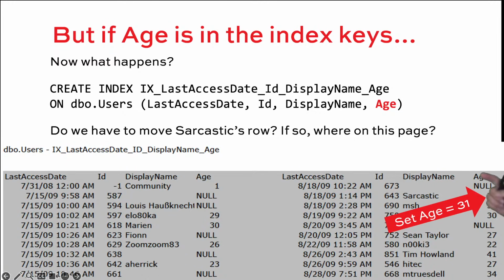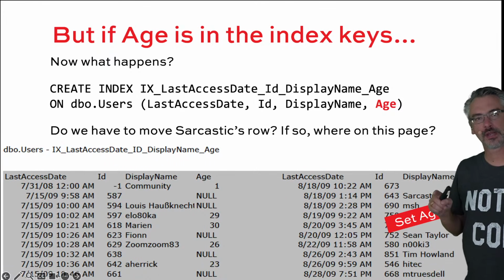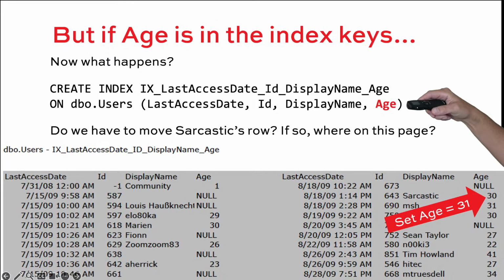Do we need to move him onto a different page? Or do we need to put him in a different spot on this same page? Look carefully, because the answer is really important. If I only change Sarcastic's age from 30 to 31, do I have to move him on the 8K page, given that this is our index?